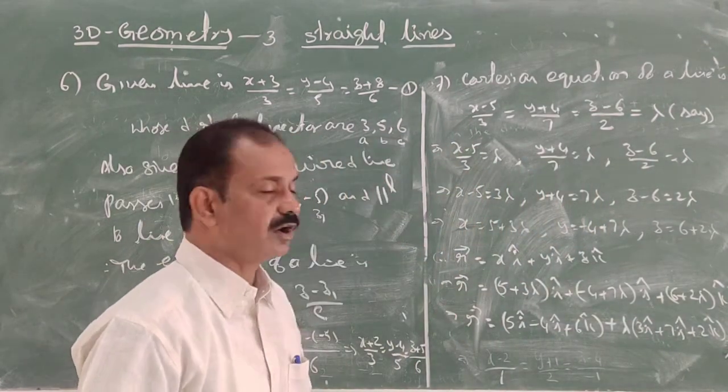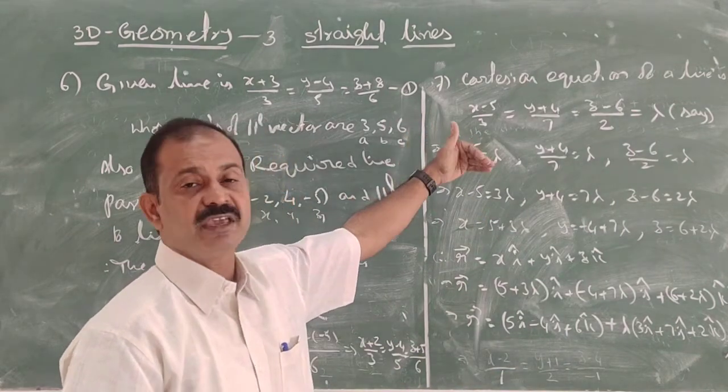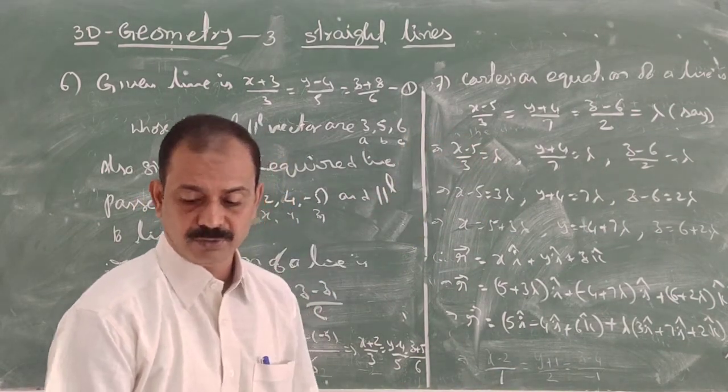This is the easiest way of transforming Cartesian into vector form.